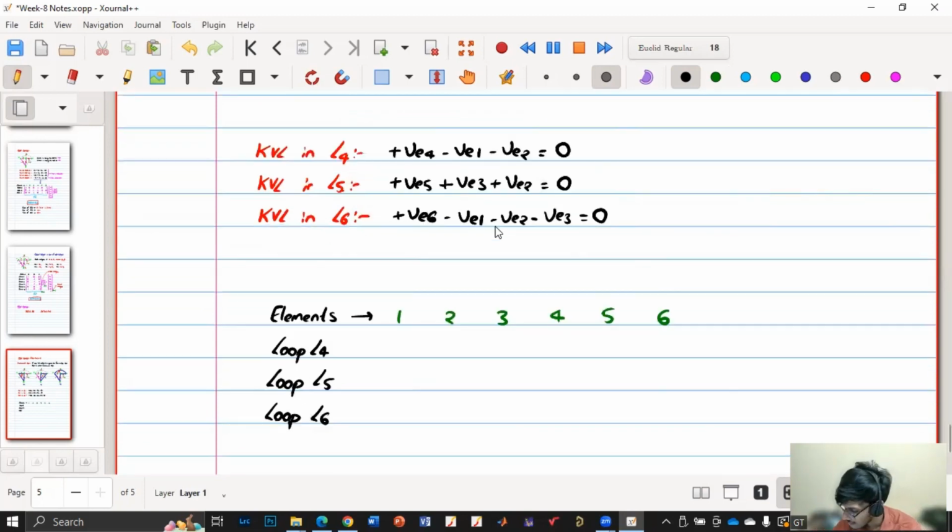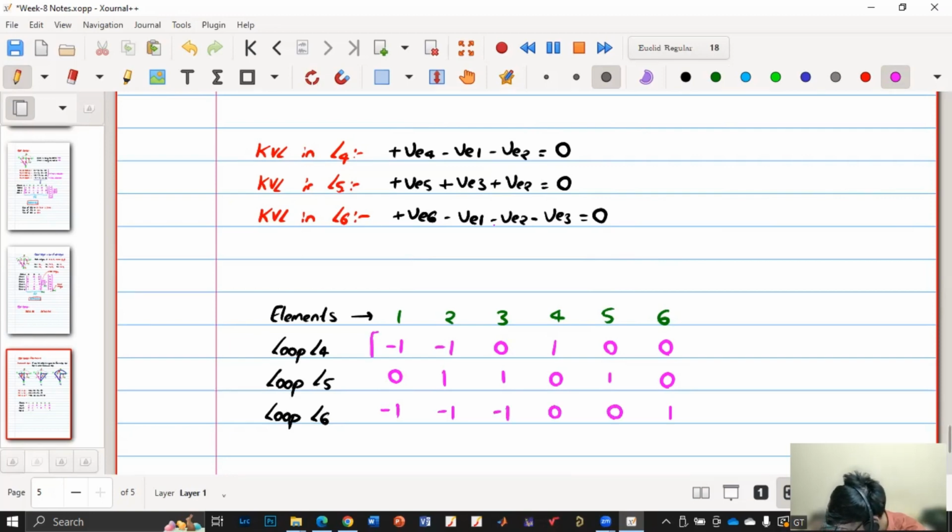So now again we'll write the same expression. For loop L4 we have VE4 minus VE1 minus VE2, other things are 0. Followed by VE5, VE3, VE2, other things are 0. Then loop 6, VE6 minus VE1 minus VE2 minus VE3, and other things are 0.